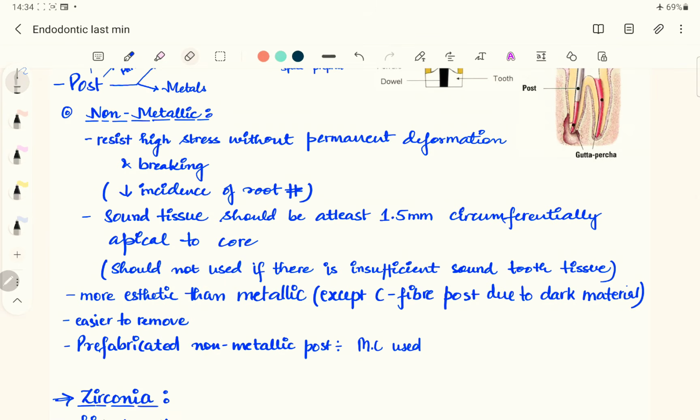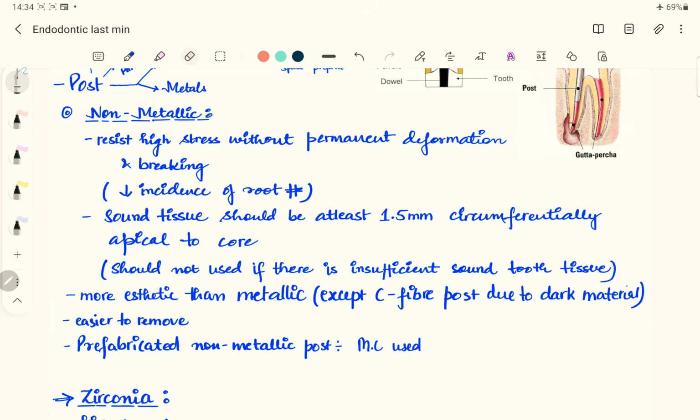The non-metallic posts are not made up of metal, therefore they are highly aesthetic, except for the carbon post, because carbon posts reflect a darker material. Other than that, all the non-metallic posts are aesthetic. In fact, the metallic posts can display the darkness of the metal, so they are unaesthetic.